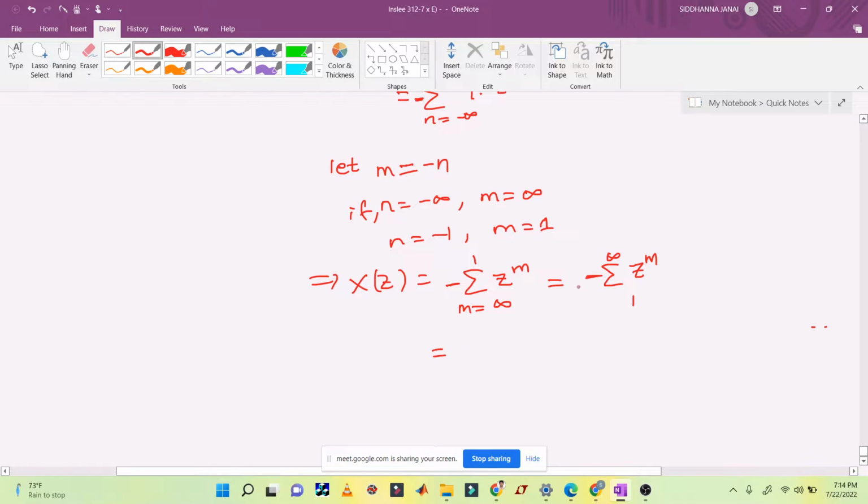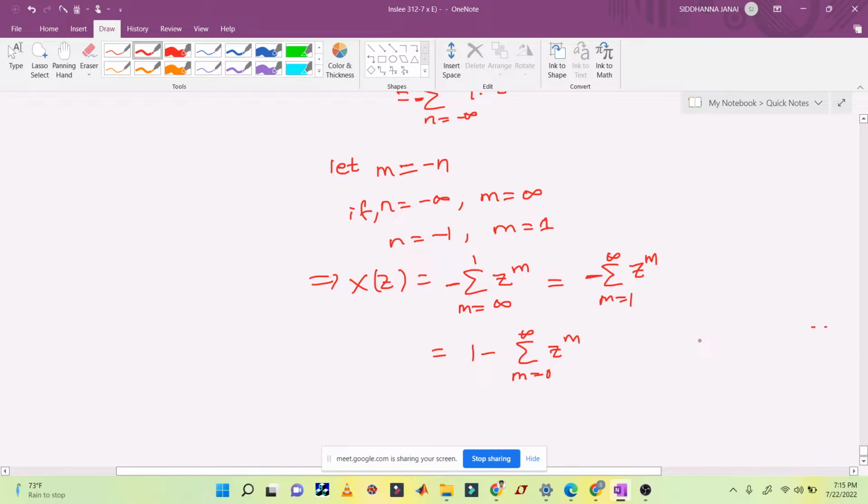so you can simply remember that whenever we come across this term, m is equal to 1 to infinity, we can replace it by m is equal to 0 to infinity, 1 minus z to the power m.